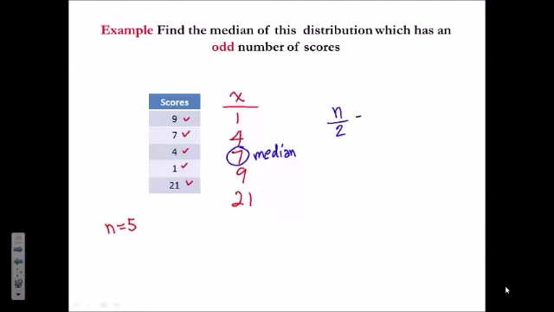The sample size is 5, divided by 2 is 2.5. We disregard the fraction, and this 2 tells us in our sorted distribution we're going to take 2 scores from the bottom and 2 scores from the top, and what's left in the middle, that's the median.